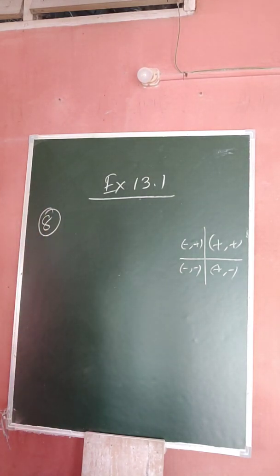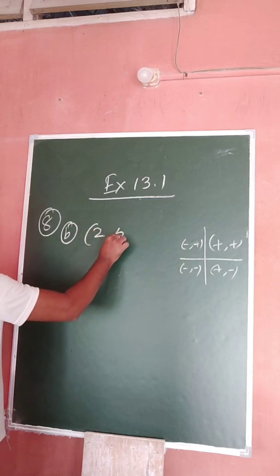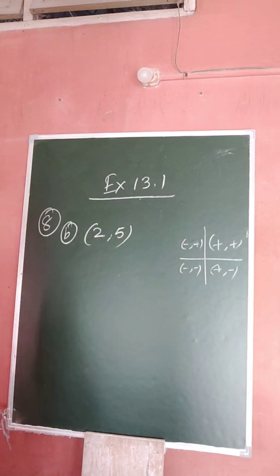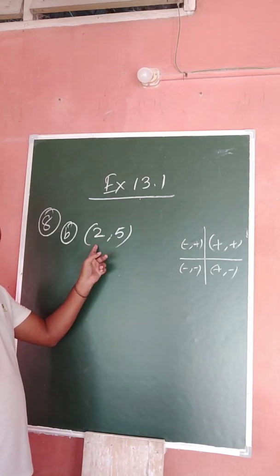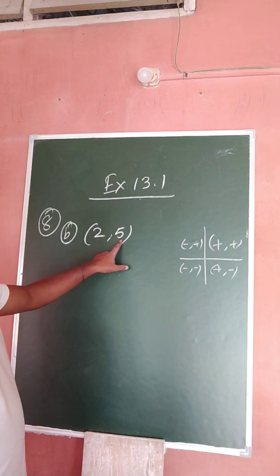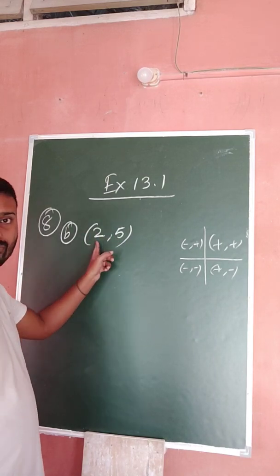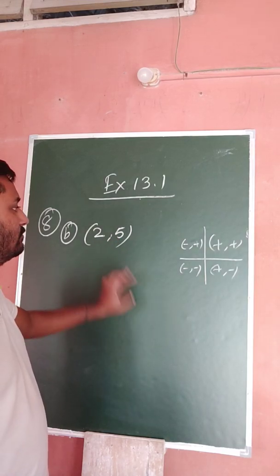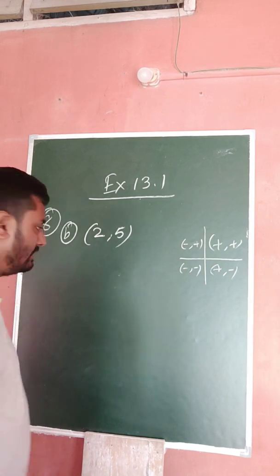Now come to question number B, 2, 5. Look at the point: 2, 5 means both 2 and 5 are positive here. The x coordinate is 2 and the y coordinate is 5. There is no negative symbol here, so both x and y are positive. Both x and y positive means the first quadrant.